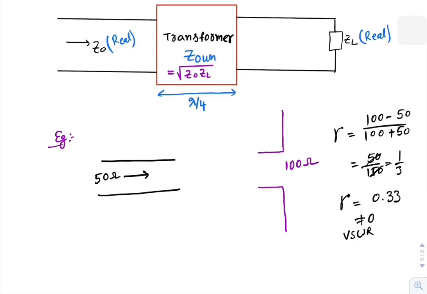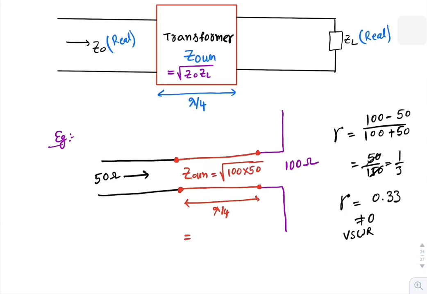Now in order to overcome that, we are going to put a matching network here. This is the matching network, which is also a transmission line whose length is lambda by 4 and whose characteristic impedance is Z0' equal to root over 100 into 50, that equal to 70.71 ohm.